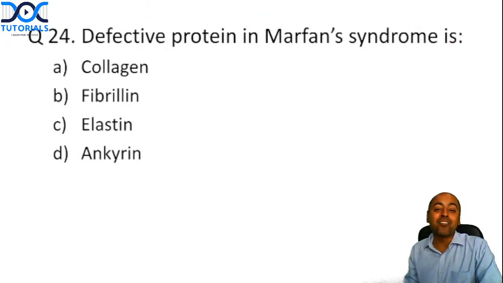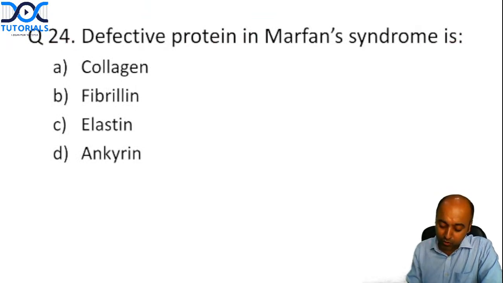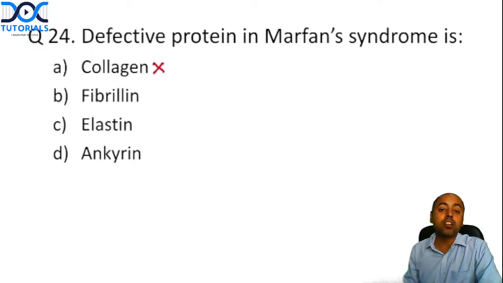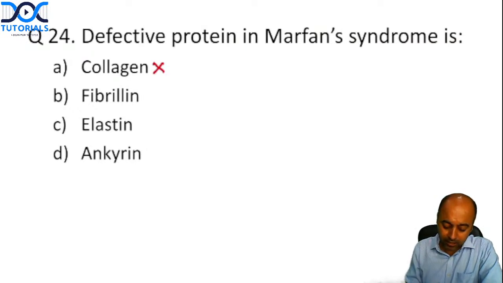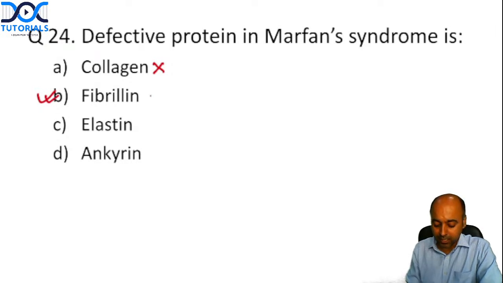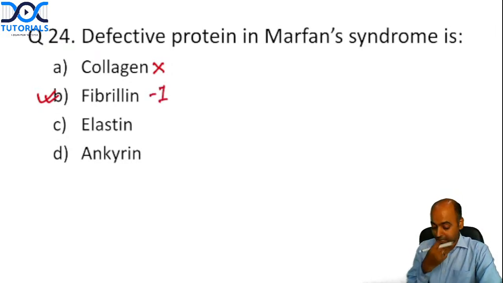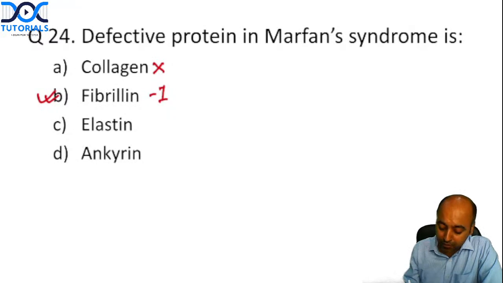Defective protein in Marfan syndrome. Very commonly we tend to mark collagen, which is not the correct answer. The correct answer is fibrillin, and that too fibrillin type 1. Fibrillin type 1 is defective in the Marfan syndrome.